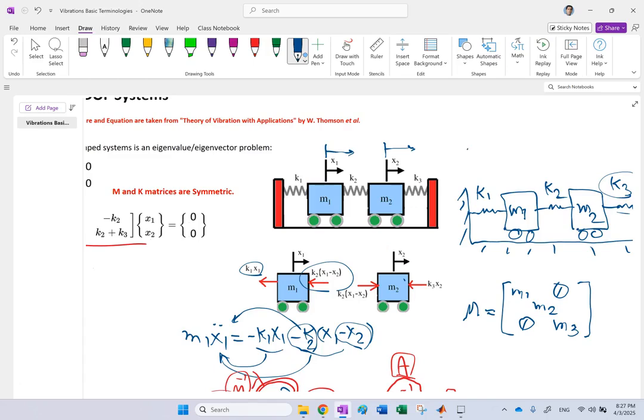So many people draw it like this. They say this is 1, and this is the first mode shape. So this is 1 and 1. So they both basically move the same amount, okay? And what do we call that? Well, if they move the same amount, so x1 equals x2, this spring in the middle will not even be stretched or compressed.